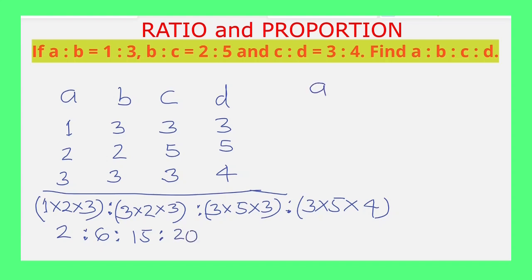Thus we get A ratio B ratio C ratio D equal to 2 ratio 6 ratio 15 ratio 20. Thus our answer is A ratio B ratio C ratio D equal to 2 ratio 6 ratio 15 ratio 20.